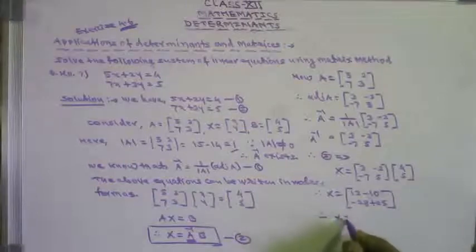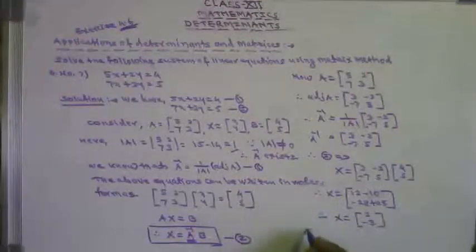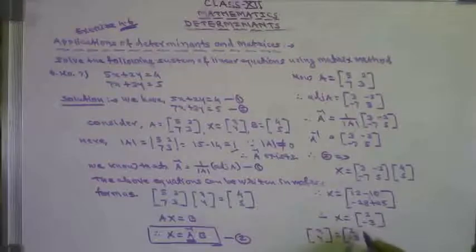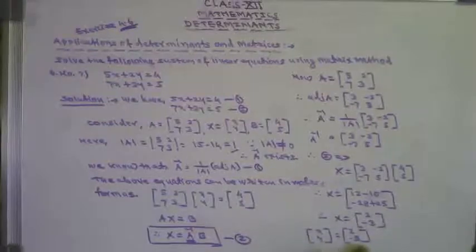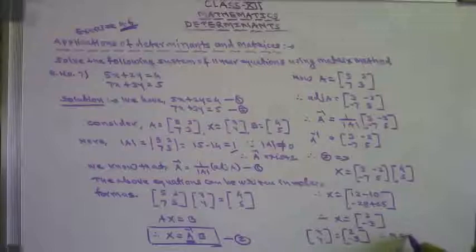Therefore X equals 2 from 12 minus 10, and -3. Now what is X? X is x, y, which equals this matrix. These two matrices are equal, therefore corresponding elements give x equals 2, y equals -3. Therefore x equals 2, y equals -3.